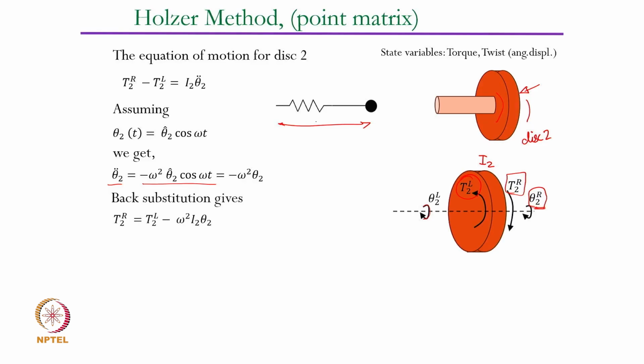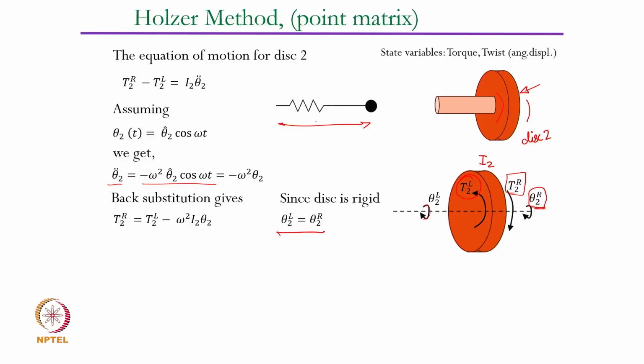If this is true, then we can substitute it back into the equation which was our governing equation, and then assume that the disk is rigid. That means there is no relative twist between the two faces of the disk, right. The disk is rigid enough that all the strain energy is stored in the spring, which is the shaft.